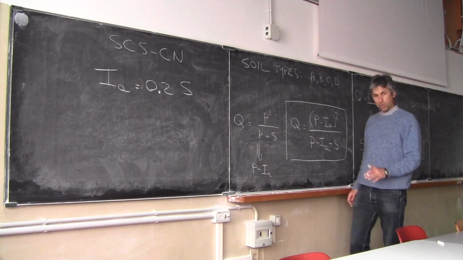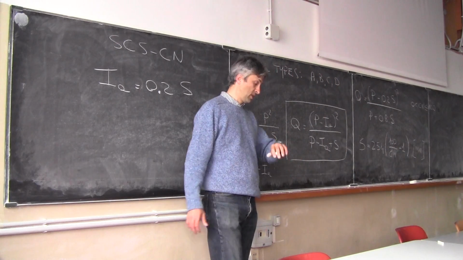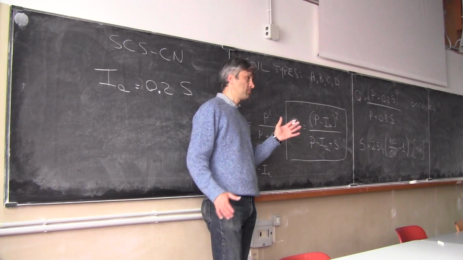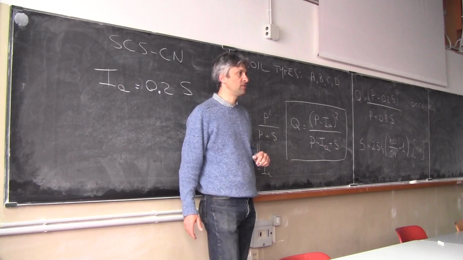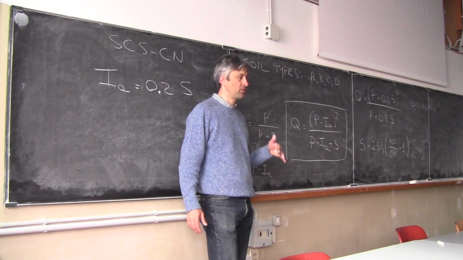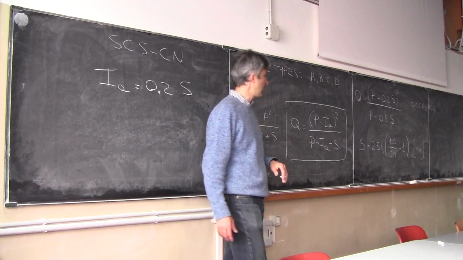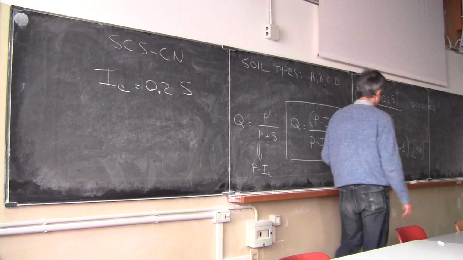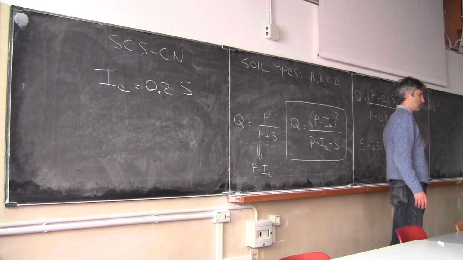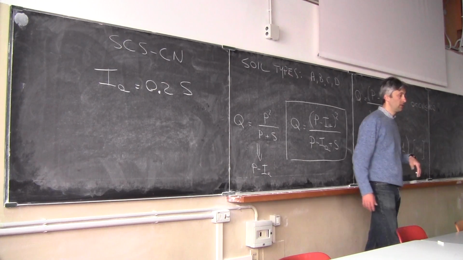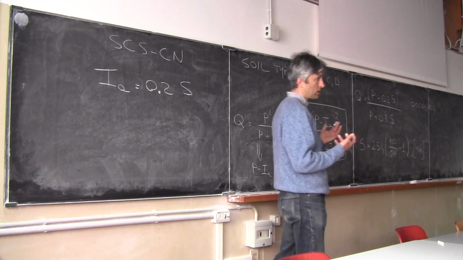Of course, these tables were calibrated for the United States, as I mentioned at the beginning of my lecture, and therefore there is a potential problem to check if the CN values are appropriate for a different geographical context, because they made experiments to determine the CN value. They measured the soil storage capacity, and then estimated the CN value. So they made a real, actual experiment.